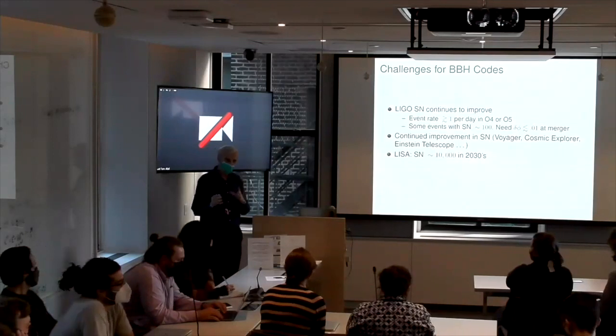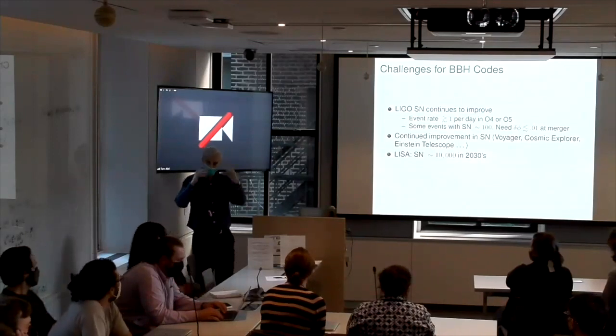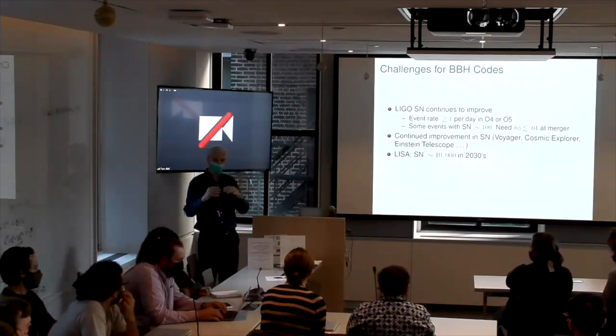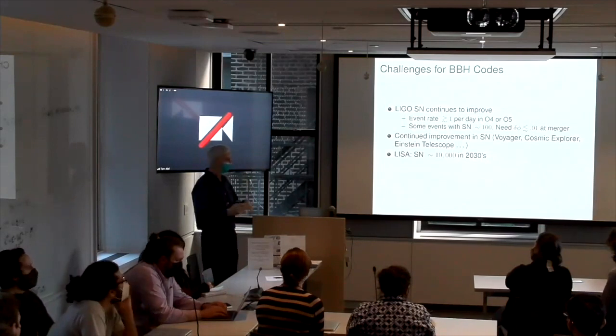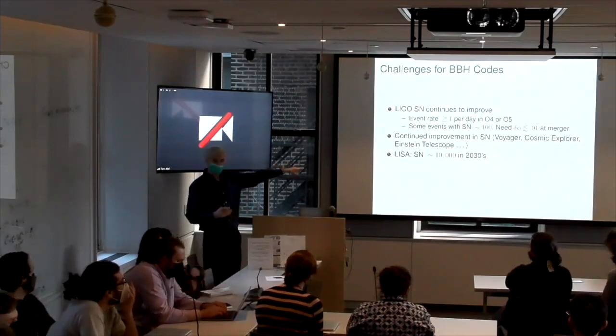But worse than that, there are all kinds of other interesting events that LISA will see, EMRIs, white dwarf binaries, all kinds of cosmic extremes. Who knows what they'll see? This is going to be the dominant signal.